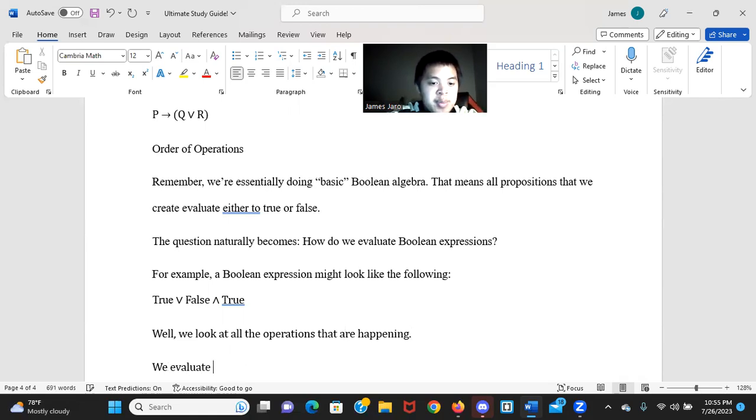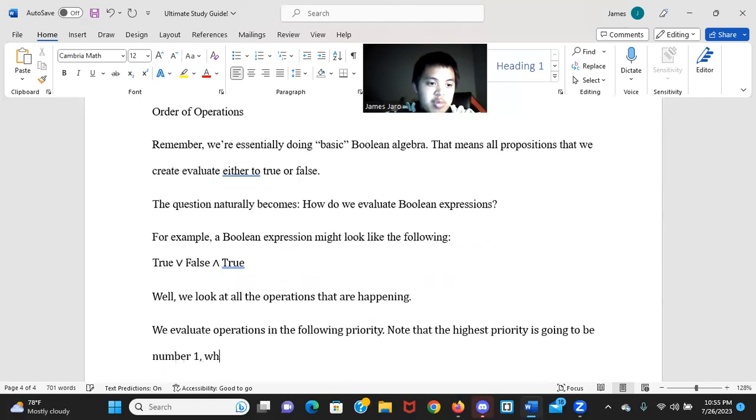We evaluate operations in the following priority order. Note that the highest priority is going to be number one, while the lowest priority is going to be the last number.